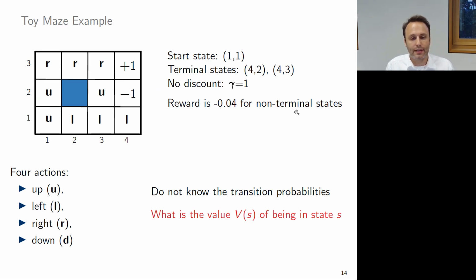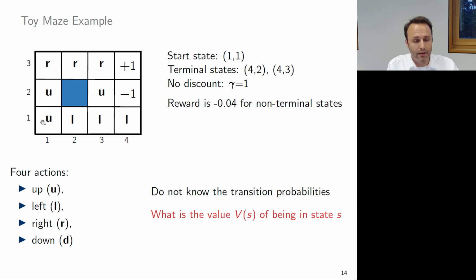Now, to understand a little bit better how reinforcement learning agents can work, let's take a look at this toy maze example, also known as Grid World. And here we have two terminal states. One is the +1, that's where we want to go. And one is -1, which we want to avoid.